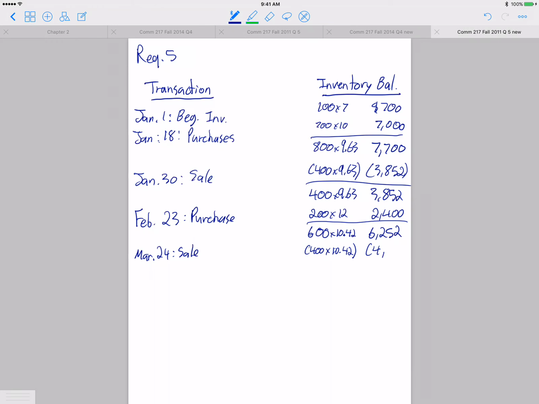We have a cost of goods sold of 4,168. That leaves us with 200 ending inventory at a cost of $10.42 each. This will be our ending inventory.